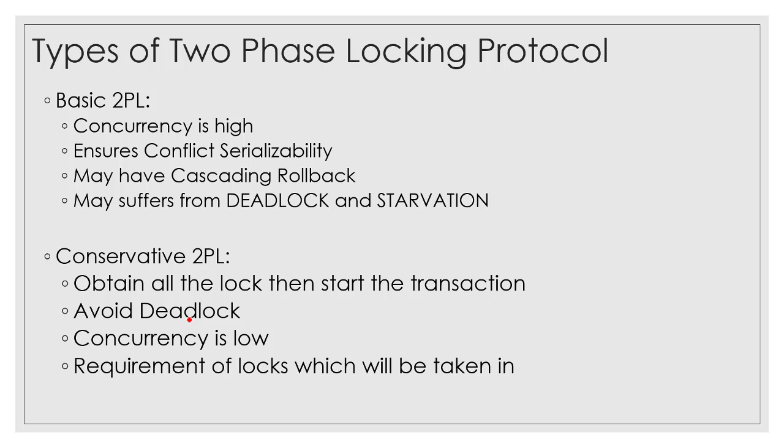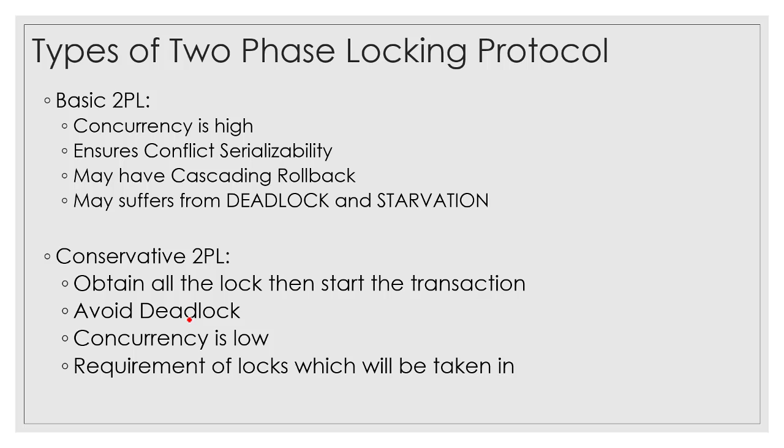The second type of two-phase locking is conservative 2PL. In this case, we obtain all the locks, then start the transaction. So if we want to perform operations on data items A, B, C or D, whichever we are going to use in the transaction, we first acquire all the locks on those data items, and then we can start all other operations.